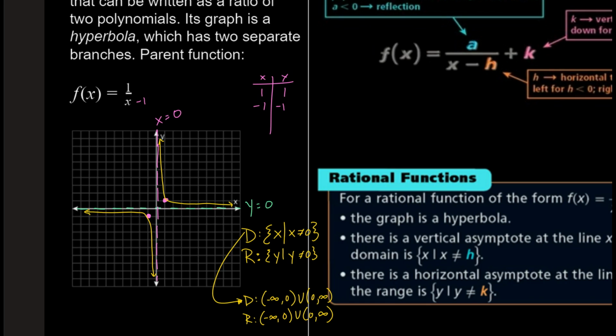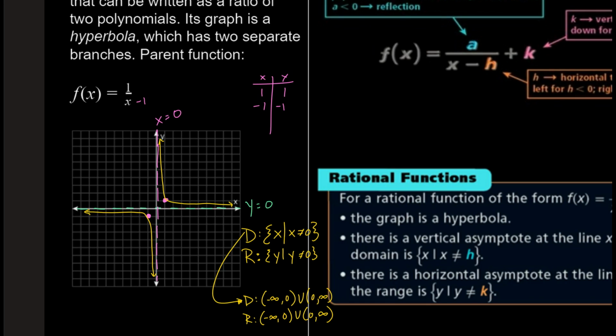Okay, so based on that Desmos, we were dealing with rational functions. Can you explain to me what number would make the graph move left and right? Is it in front of the x, on top of the x, after the x?